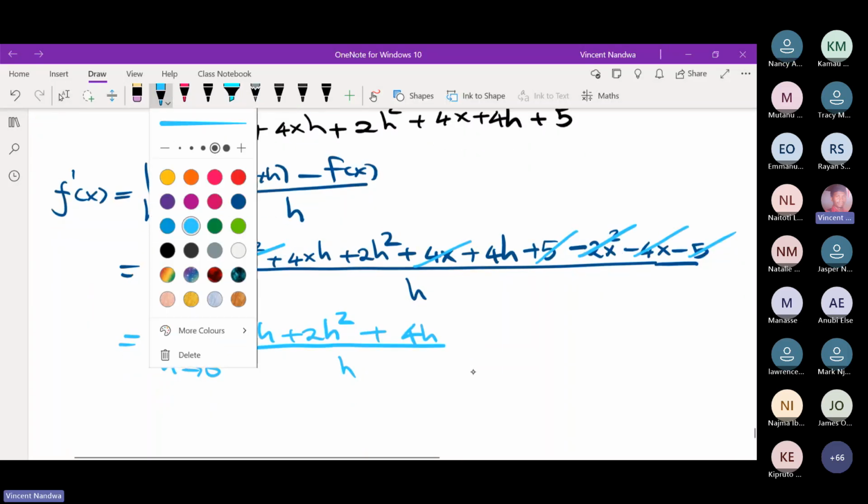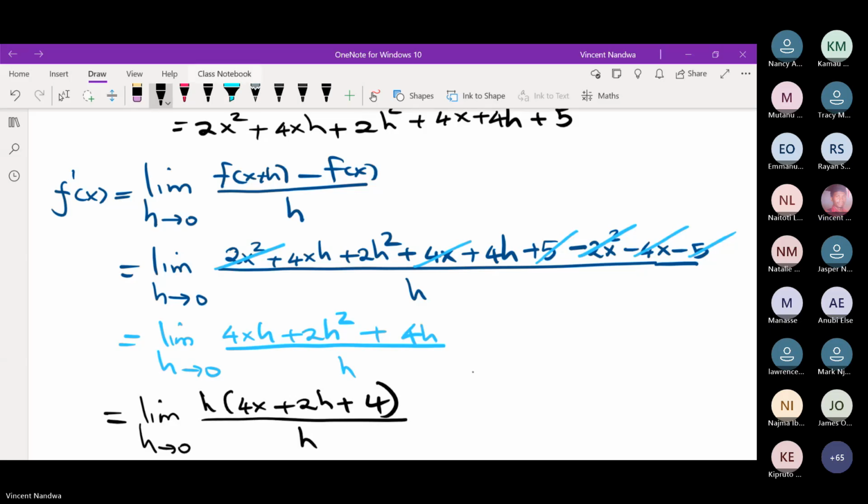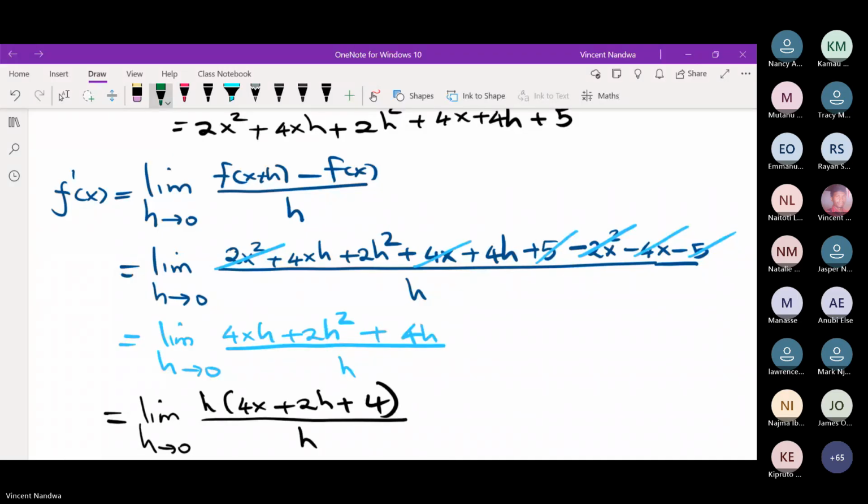H. So you write this as limit as h approaches 0 of h into 4x plus 2h plus 4 divided by h. So what follows? We cancel out h and h. So which will be limit as h approaches 0 of 4x plus 2h plus 4.